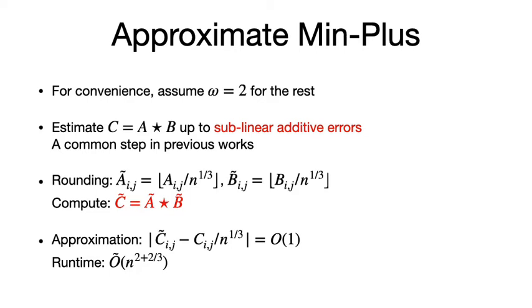This is common in all previous works. The way of doing this is by rounding all entries to integer multiples of n to the 1/3, and then compute the min-plus product between two quotient matrices. Since all entries become smaller, the min-plus product between rounded matrices can be computed in subcubic time. In particular, the runtime is n to the 8/3.